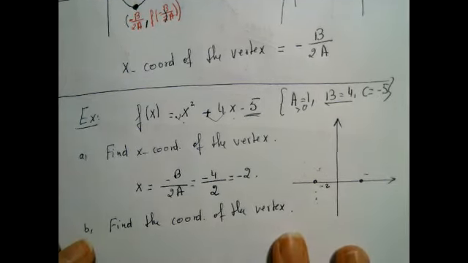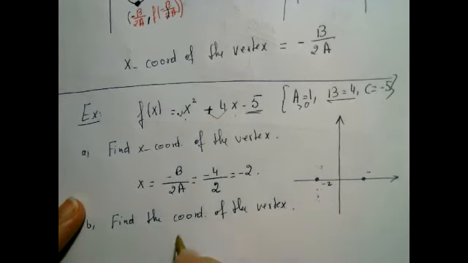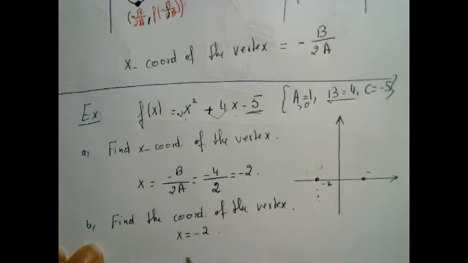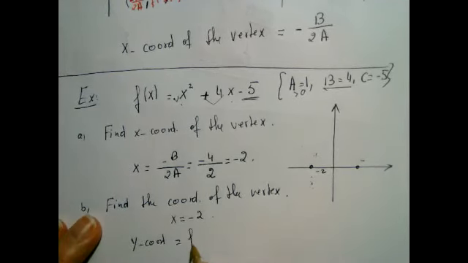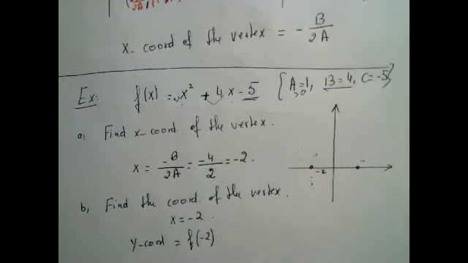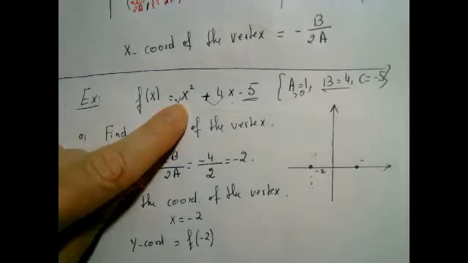So find the coordinates of the vertex. What does it mean? The x coordinate is minus 2. What's the y coordinate? To find the y coordinate, I need to find the value of the function at minus 2, because the vertex is on the graph.